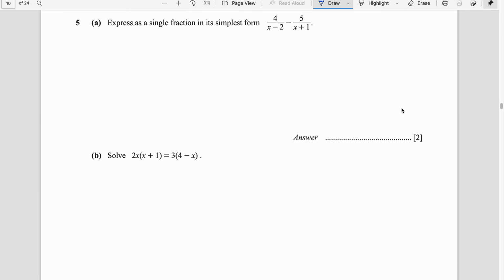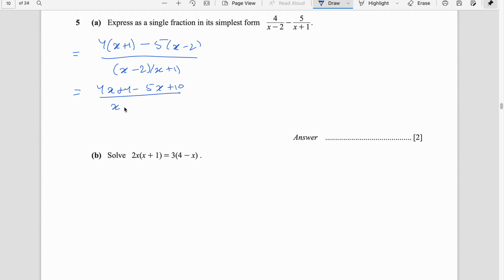Question number 5, express as a single fraction in its simplest form. So we take the LCM, which is (x minus 2)(x plus 1). Cross multiply: 4 into (x plus 1), don't forget about this negative sign, 5 into (x minus 2). So 4x plus 4 minus 5x plus 10.